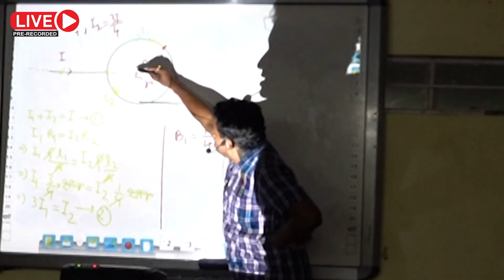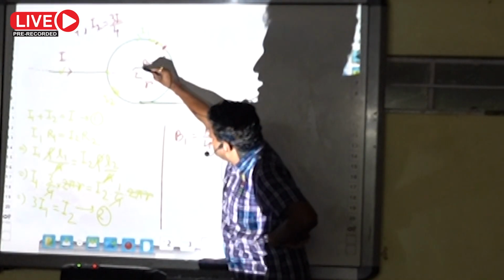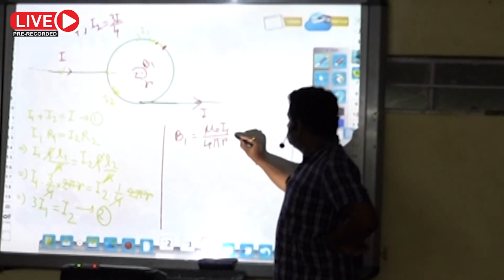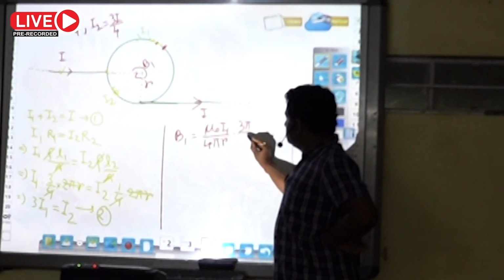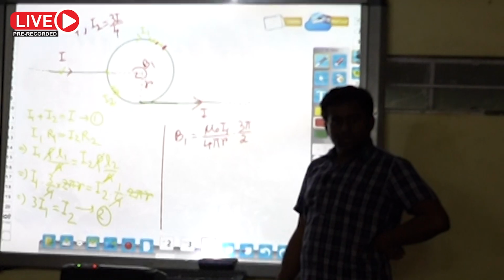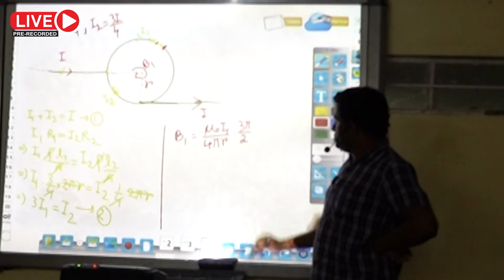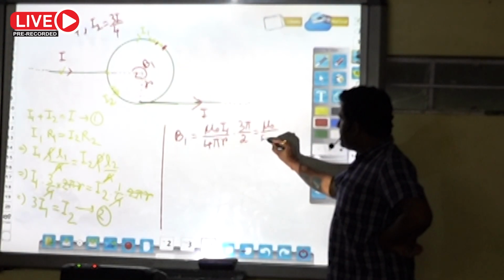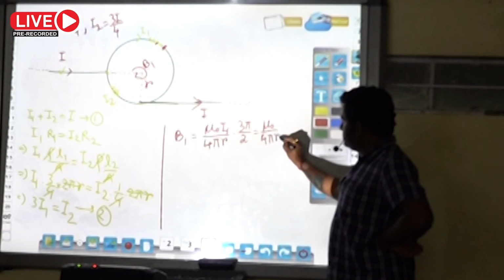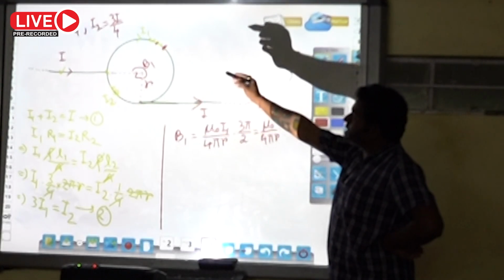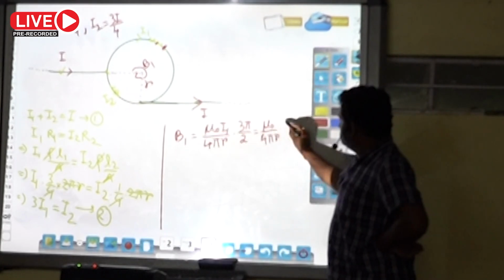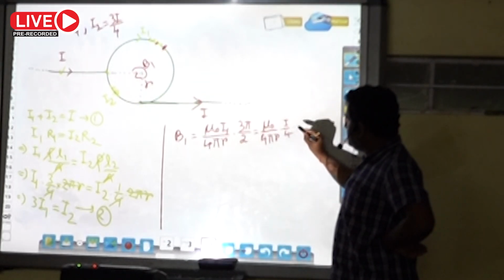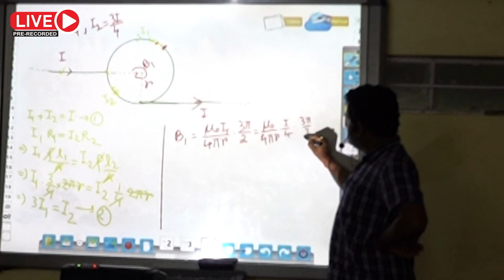What is that angle for this arc? It is 3 pi by 2. So now put the values: mu naught by 4 pi r into I1, which is I by 4, into 3 pi by 2.